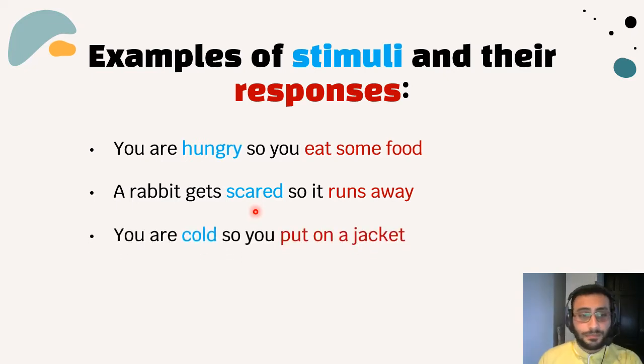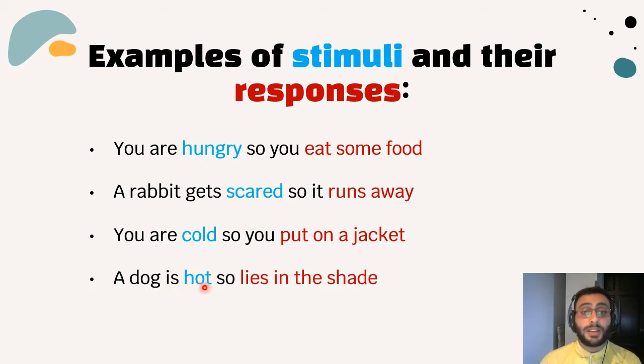You are cold. So you put on a jacket. Cold is your stimulus. Putting on a jacket is your response. Very easy, right? You feel cold? Stimulus. Okay, I put a jacket on. Or I turn off the AC. Or I go into the sunlight. That is my response.